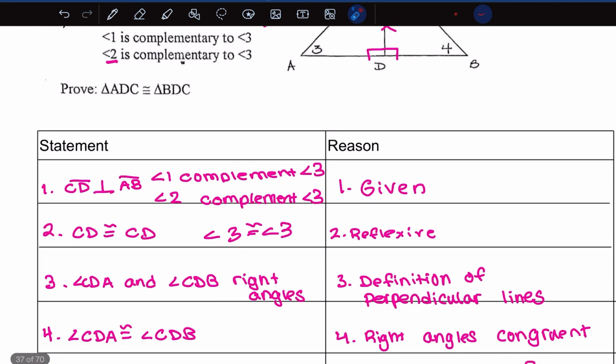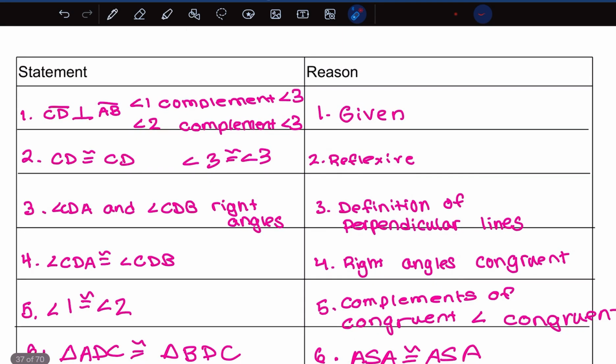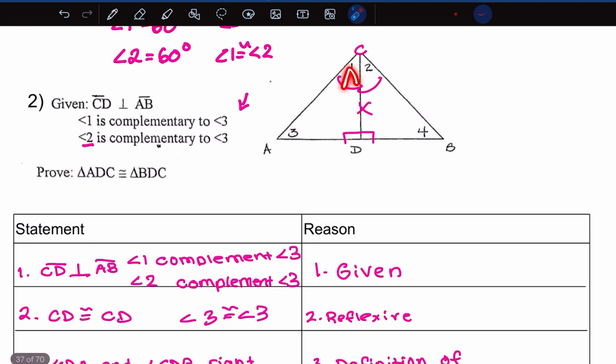I'm then stating that those right angles are congruent. And then I'm going to state that angle 1 is congruent to angle 2 because complements of congruent angles are congruent. Since angle 3 is congruent to angle 3, we can use this relationship. And now I am left with stating that the triangles are congruent because I have angle, side, angle.